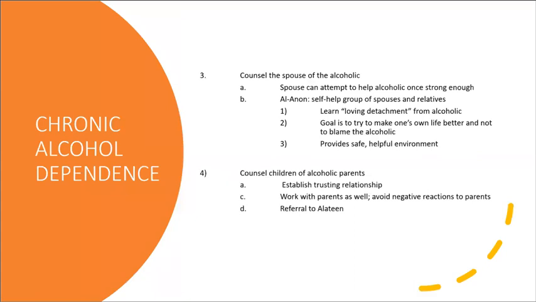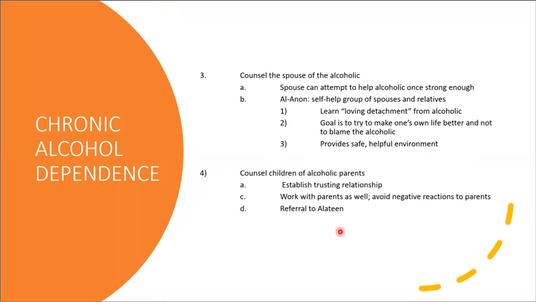You can also refer them to Alcoholics Anonymous or Al-Anon, which is a self-help group of spouses and relatives of alcoholics. So they need to learn loving detachment from the alcoholic. The goal is to try to make one's own life better and not to blame the alcoholic. The group would also help to provide a safe and helpful environment.